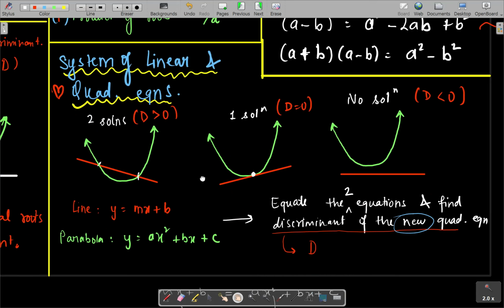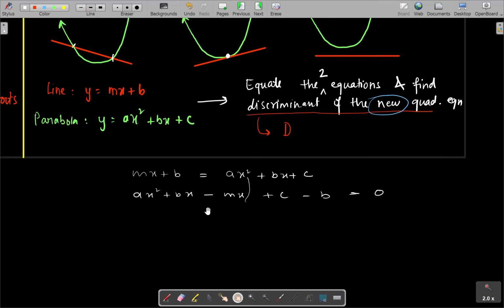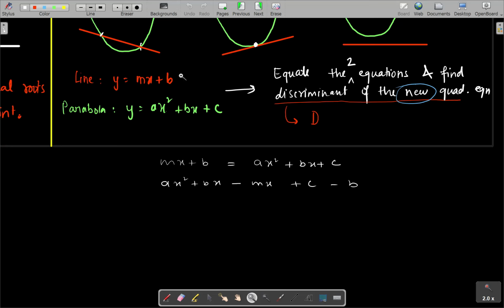Now what you have to do is find out the discriminant of the new quadratic equation.